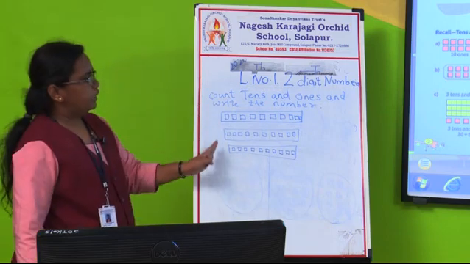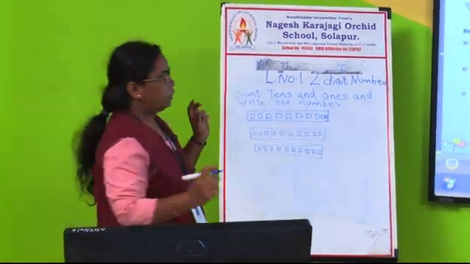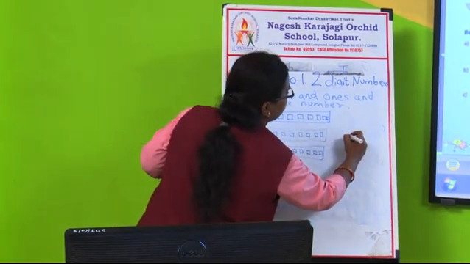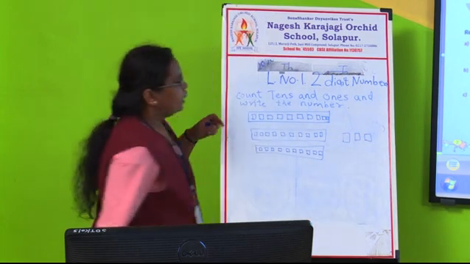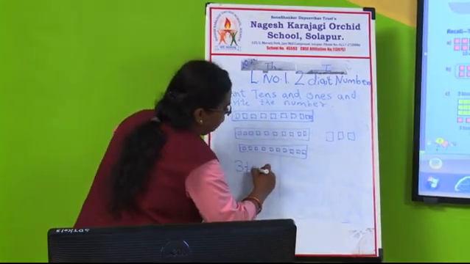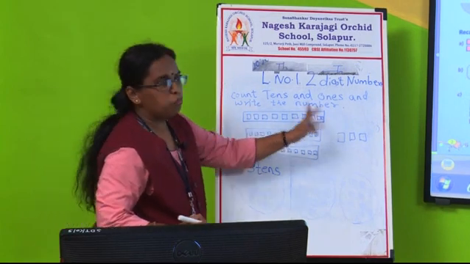Okay. Now these are three boxes, and in each box there are 10 boxes. So 3 tens, and here are individual boxes: 1, 2, 3. Okay. Now this is 3.